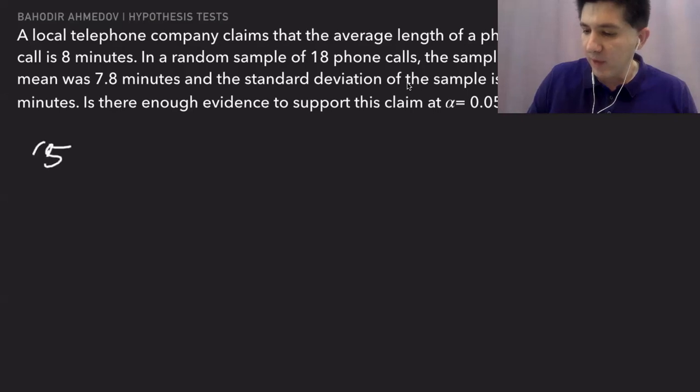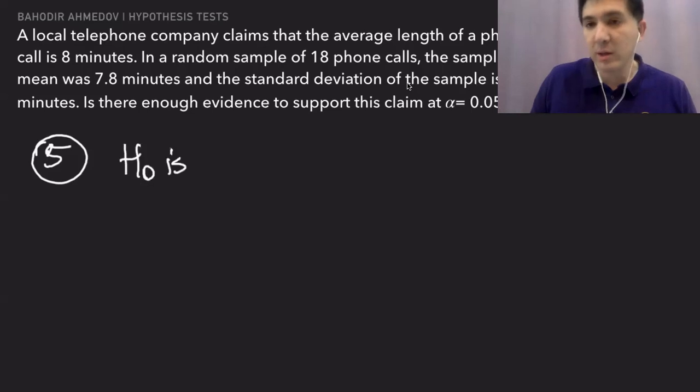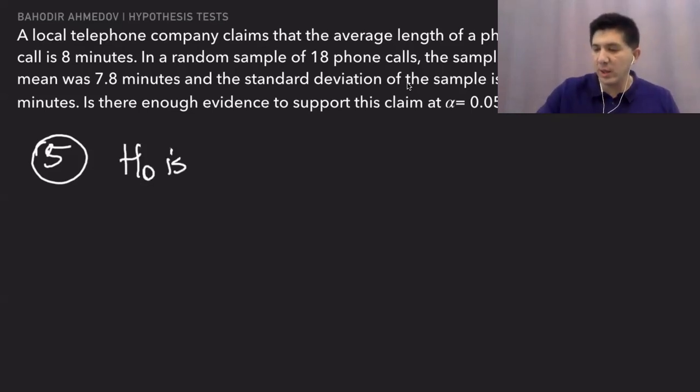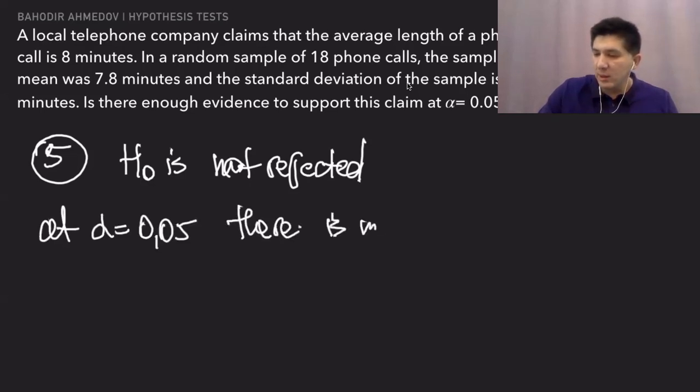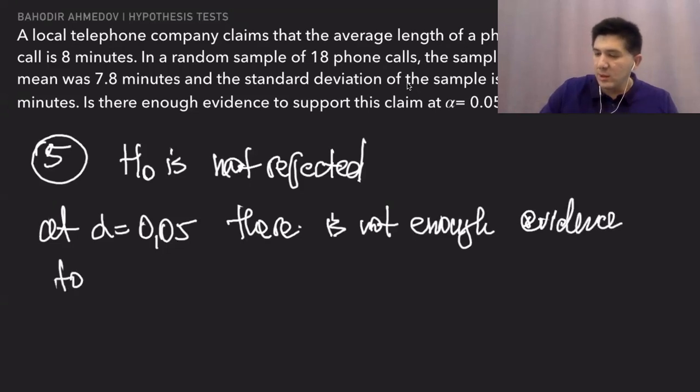So it means that in step number 5, the null hypothesis is not rejected, or the claim is also not rejected. That is why we usually write this: at the level of significance 0.05, there is not enough evidence to reject the claim.